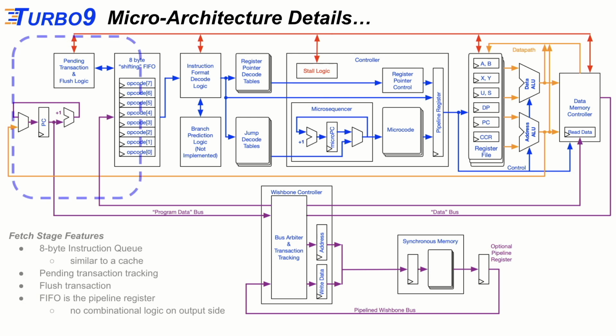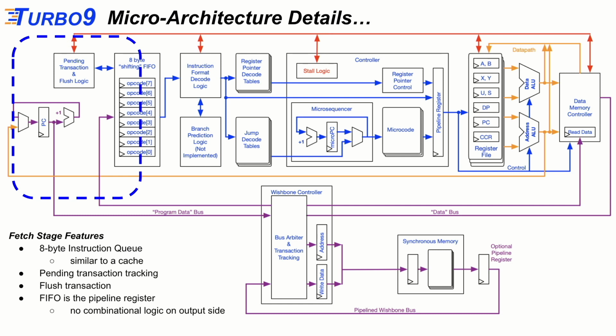All right, so the fetch stage. I wouldn't call it a cache, but it's an 8-byte instruction queue, so it is always looking ahead, but it's not a cache by any means. There's pending transaction tracking, because it's always trying to load instruction data, and interleaved into that are the data bus requests.